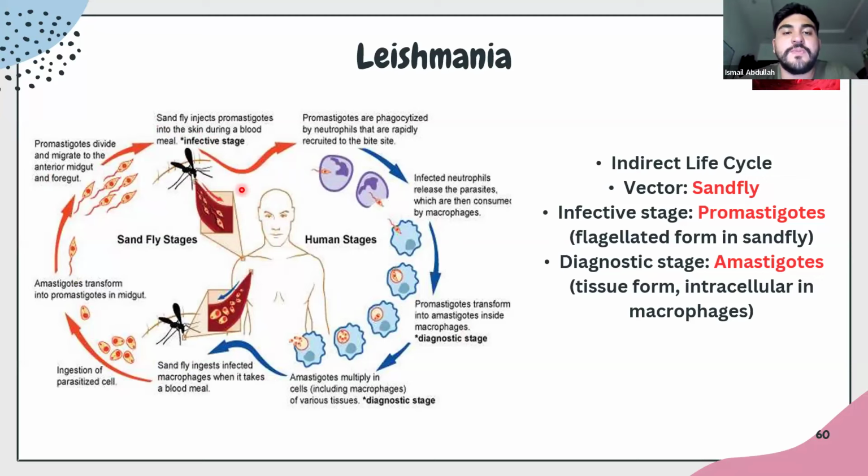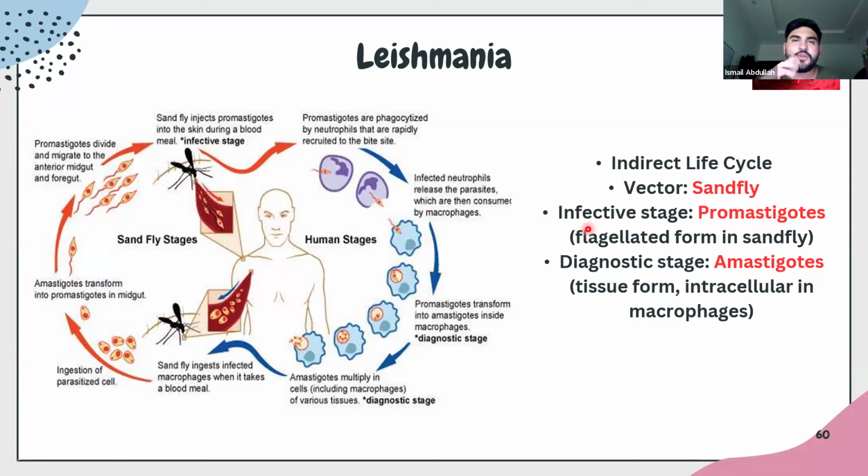These cells are gonna be phagocytosed by neutrophils, and then they're gonna form promastigotes, and then these promastigotes are gonna become amastigotes. The promastigote is the infective stage. How do you know it's the promastigote?